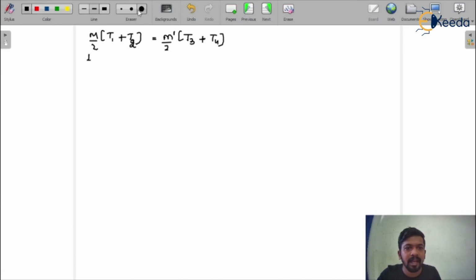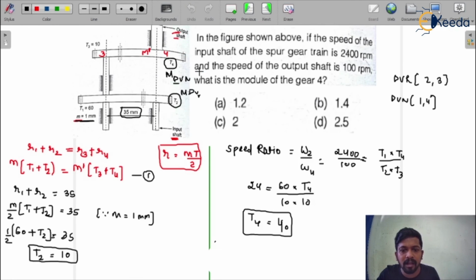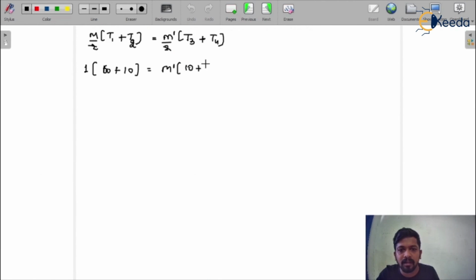The module 1 is given, and here the 2s will cancel out, so finally we have 1. T1 is 60, and T2 we have calculated, that is 10, and this is M dash, we need to calculate it, and T3 is 10 and T4 that we have got is 40.